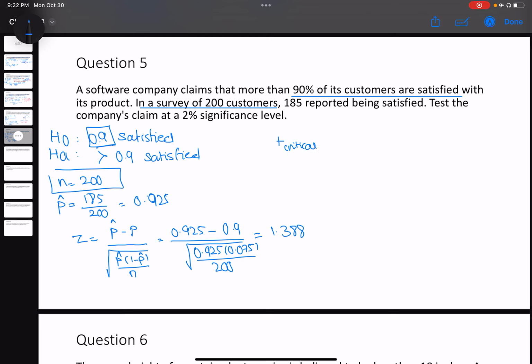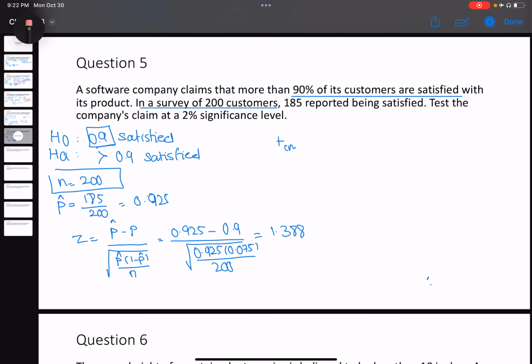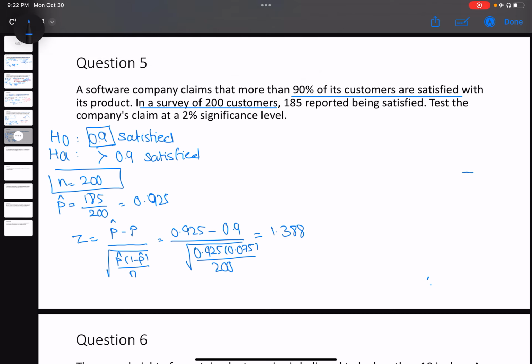So we can calculate the critical value. Excuse me, this is a Z value, sorry. So here we can calculate the Z, with mean 0 and sigma equals 1.